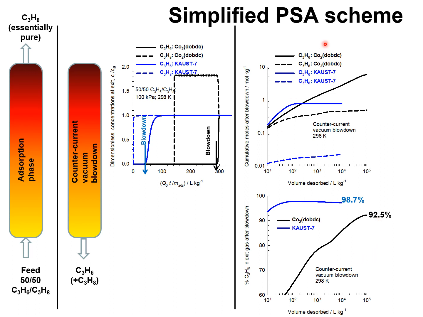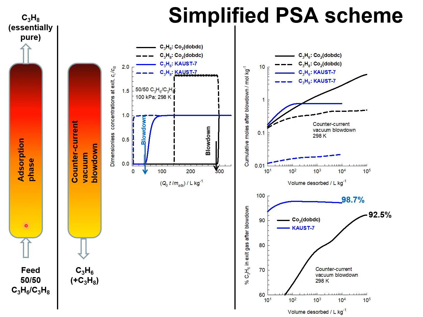So with a simplified PSA scheme, neither of these two MOFs is capable of producing polymer grade propylene, but with cobalt MOF74, the maximum achievable purity is significantly lower than the purity achievable with KAUST-7. The message to emerge is that to achieve high purity, the uptake of propane in the adsorption cycle should be close to zero.